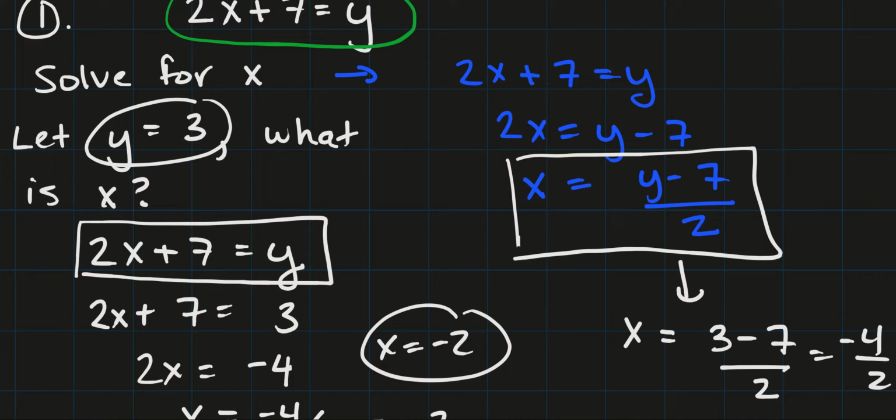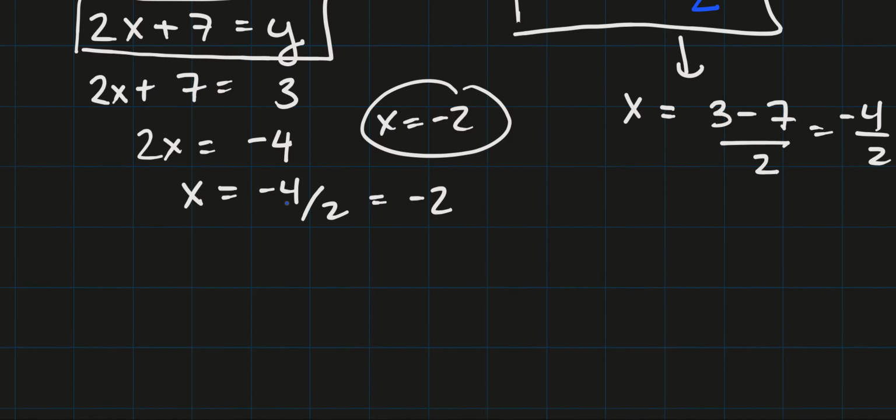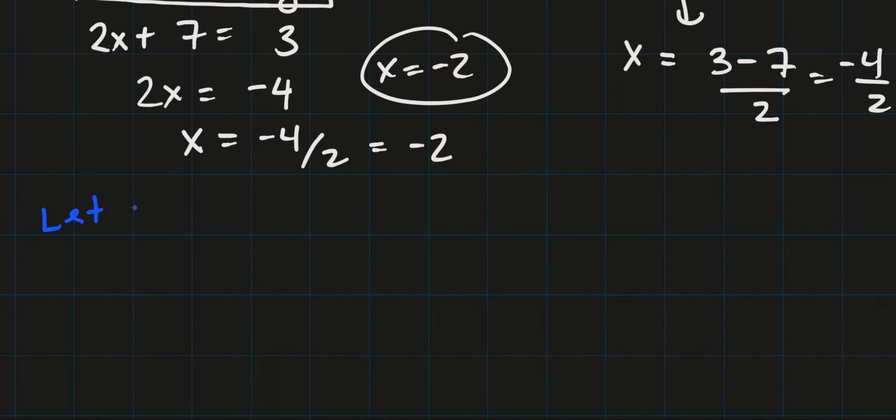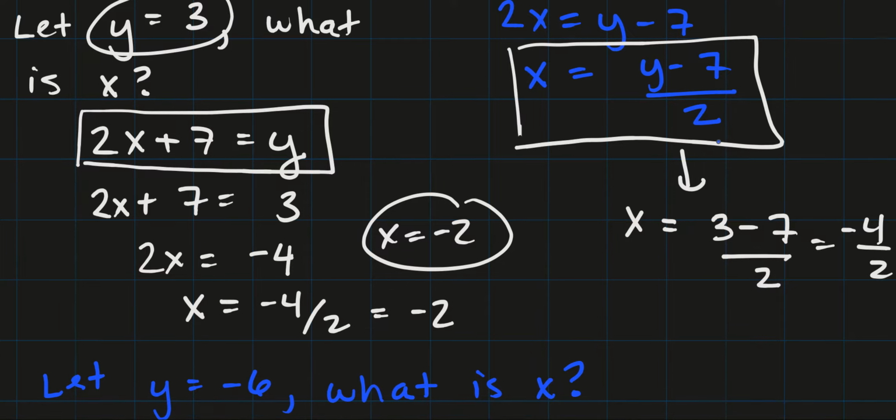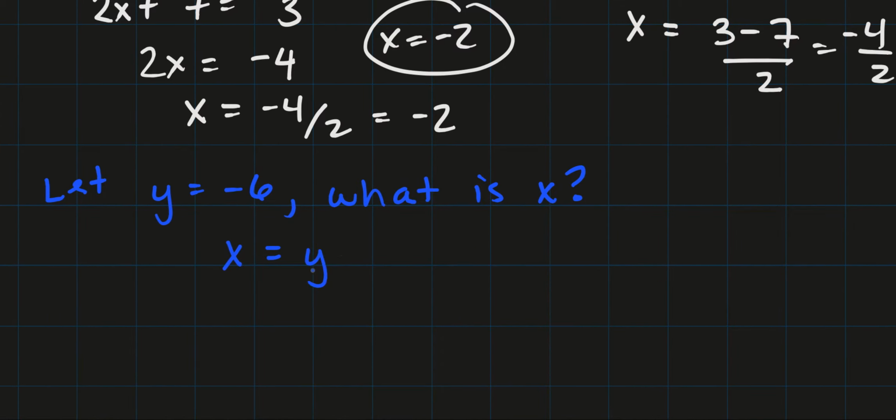So let's try another one. We're going to let y equal -6. What is x? Okay, I'm going to write that equation for x again. X, we said, is y minus 7 divided by 2.